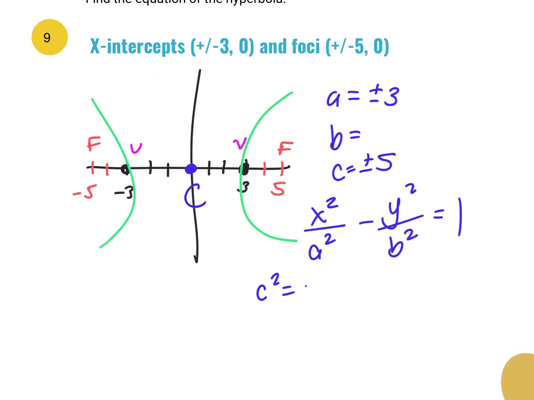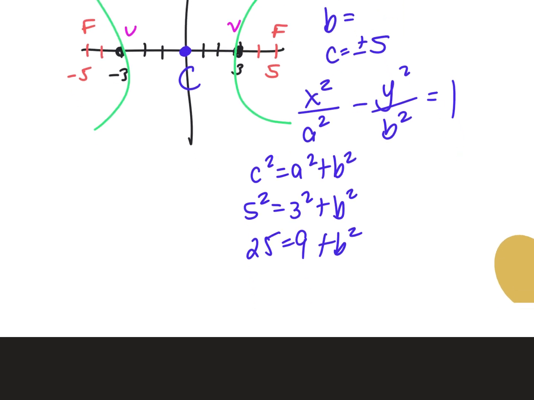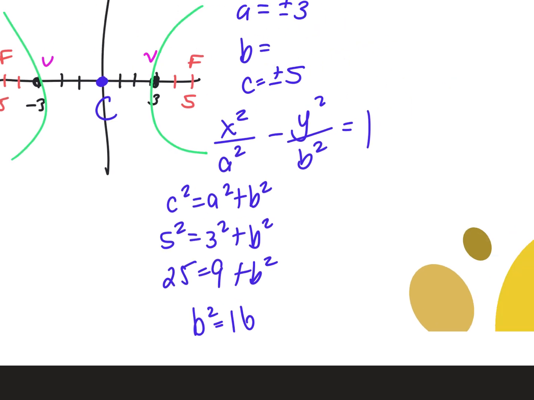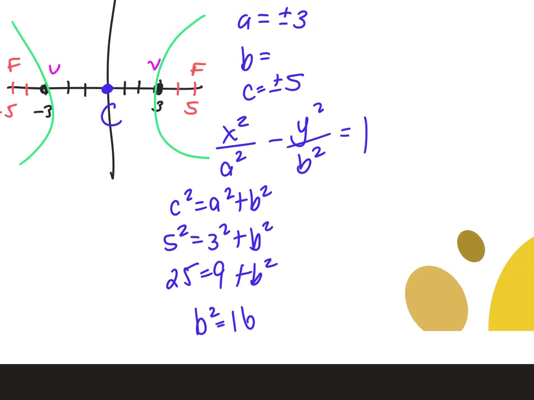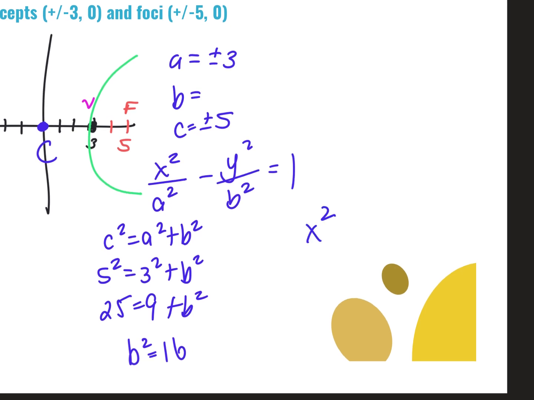C squared equals A squared plus B squared. So 5 squared equals 3 squared plus B squared. 25 equals 9 plus B squared. So B squared equals 16. What's B? Plus or minus 4. Do you really need to know that? So let's write our equation. X squared over 9. Where did I get 9 from? Good. Over 16 equals 1.